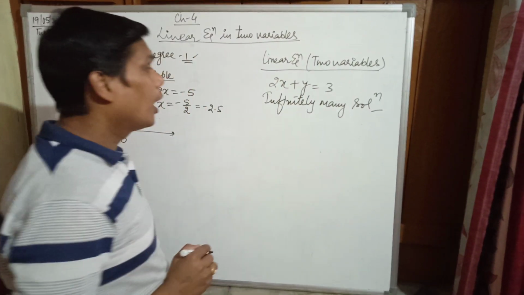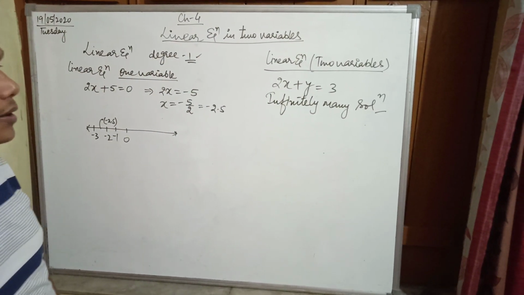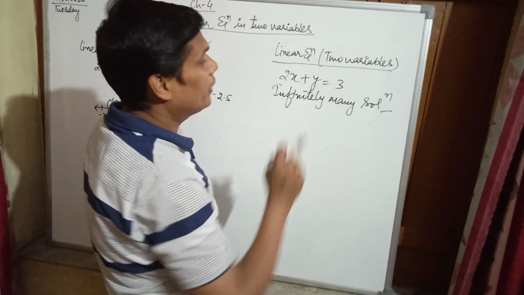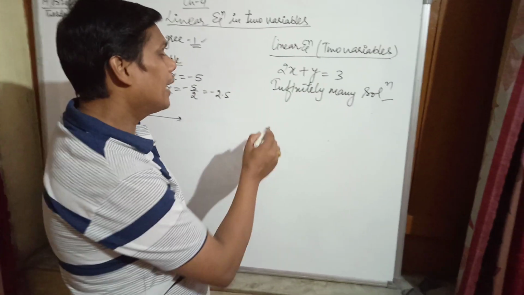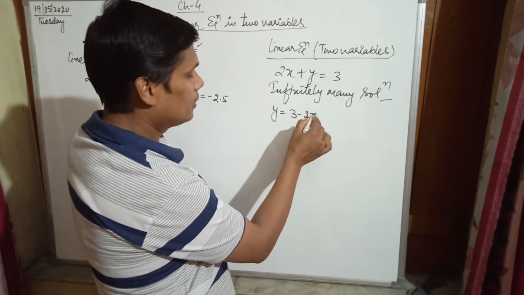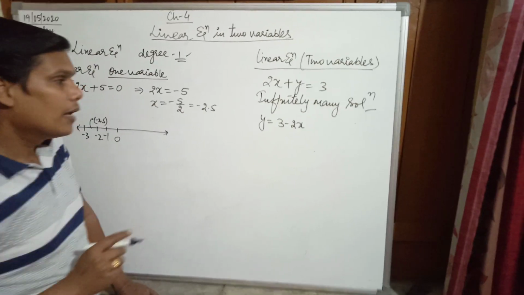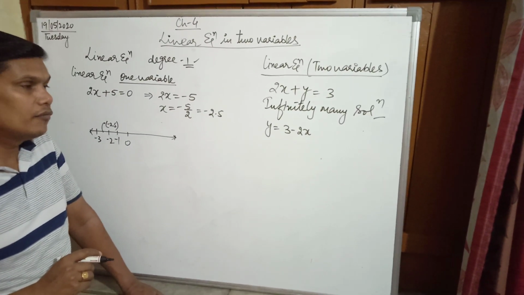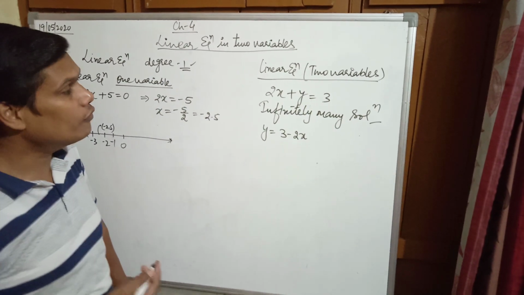Now how infinitely many solutions? See, this is 2x plus y is equal to 3. We can write it as y is equal to 3 minus 2x. It means if we change the value of x, we will get a changed value of y.